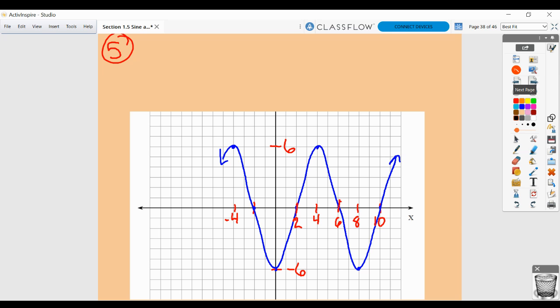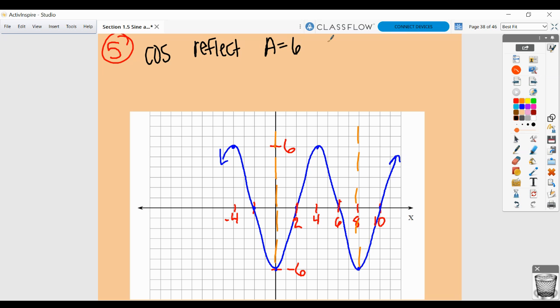Okay, here's another one. I've got 2 more here. Start at the y-axis. Go until it repeats. So that is a U shape, except it's upside down. So that's a cosine graph, but it's also reflected. The amplitude looks like it's 6 up and 6 down.